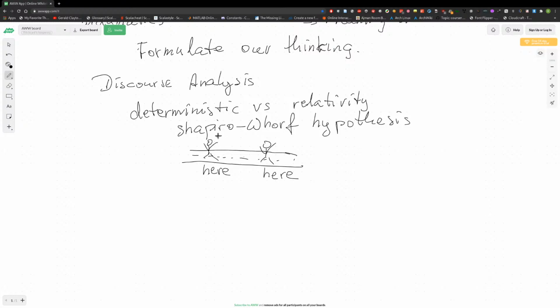This guy's here is different from this guy's here, and it's true for every single person in the world, which means my here will never be the same as anybody else's in the world at any given time and at any given space. So you see how this is relative in terms of the positioning of the physical space and the way language describes it.